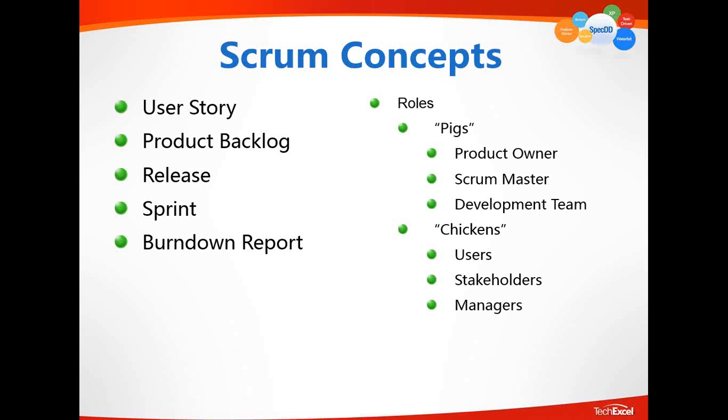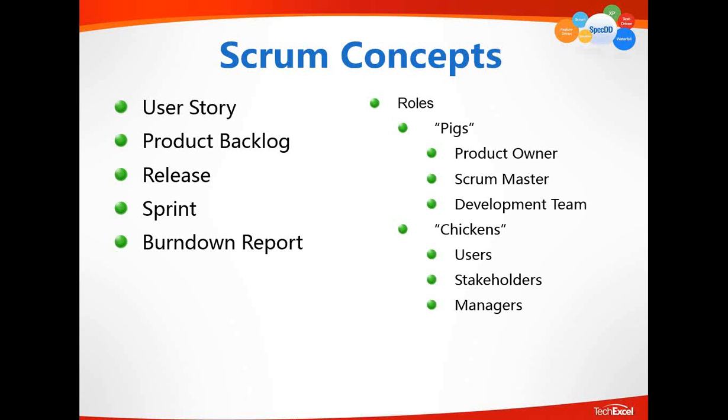And we introduce a set of roles, like the product owner, Scrum Master, and development team, which we further group as pigs. The other roles are the customers, the users, the stakeholders, the salespersons who are selling the software, the support people who are troubleshooting and taking defects from the customers, and the managers, the high-level business managers. They are the stakeholders. They are the chickens.